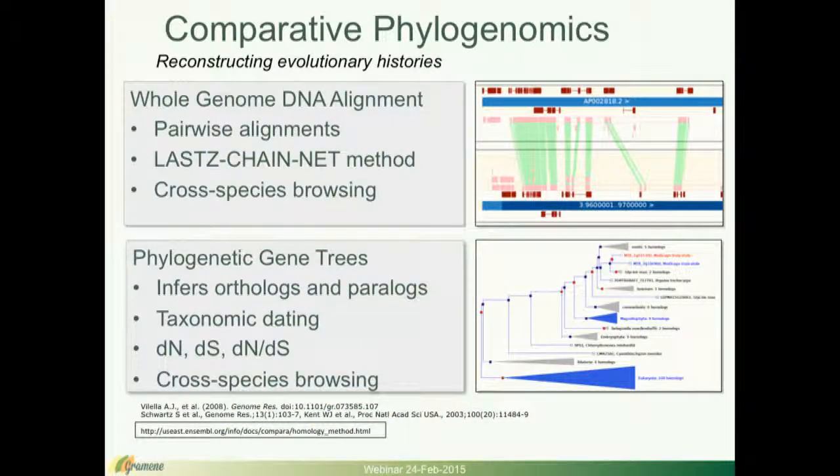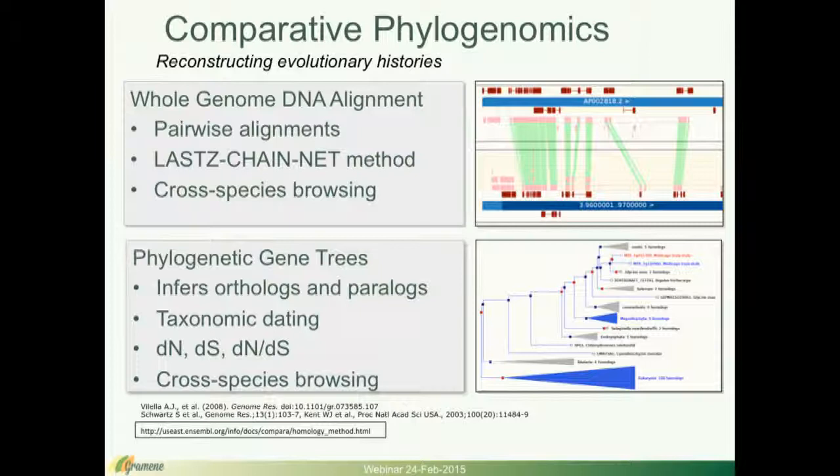Okay, moving on. I'm going to tell you about our comparative phylogenomics. This is where things get really fun. We do a variety of analyses with the goal of trying to reconstruct evolutionary histories, or allow the user to reconstruct evolutionary histories. There are two main analyses. One is the whole genome alignment.